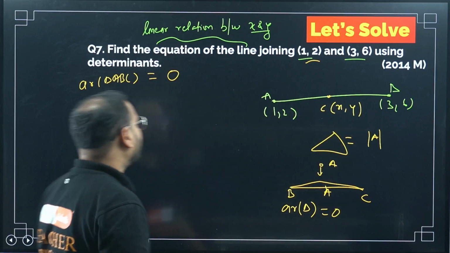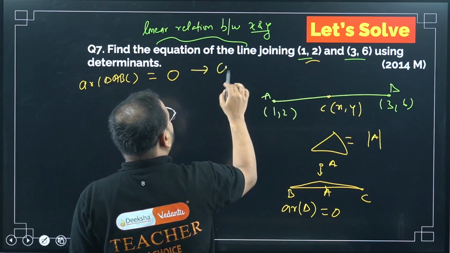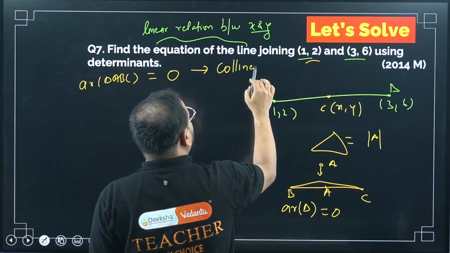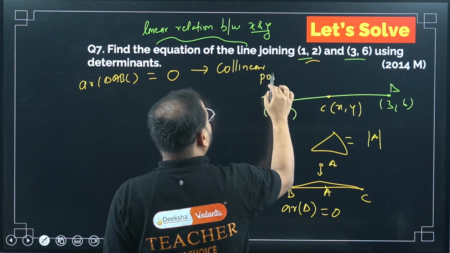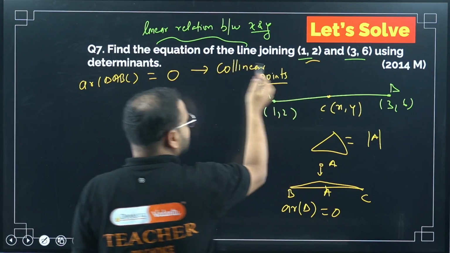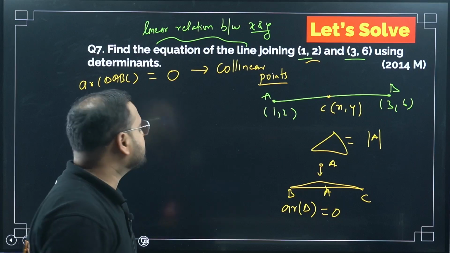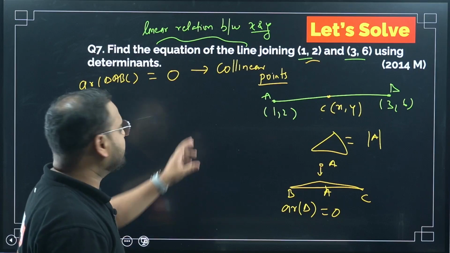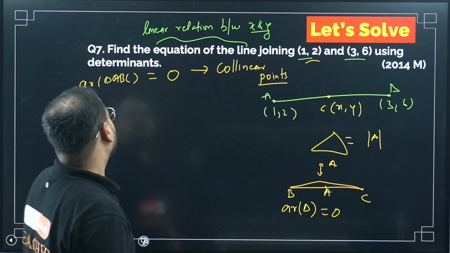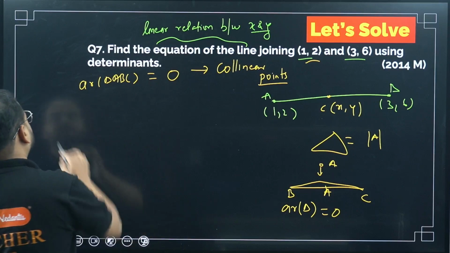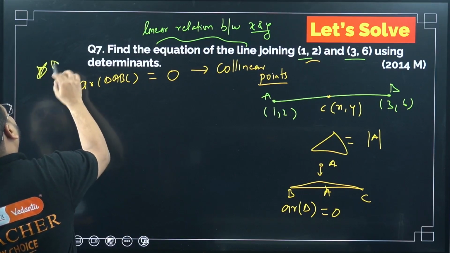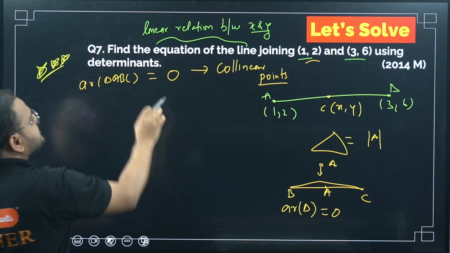This is the condition for collinear points. Whenever you see the word collinear points in a question, you're going to use this condition: area of triangle equal to 0. Again, very, very important.